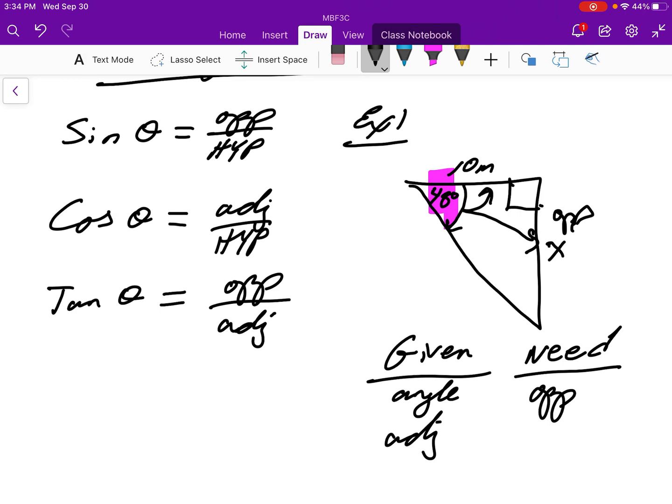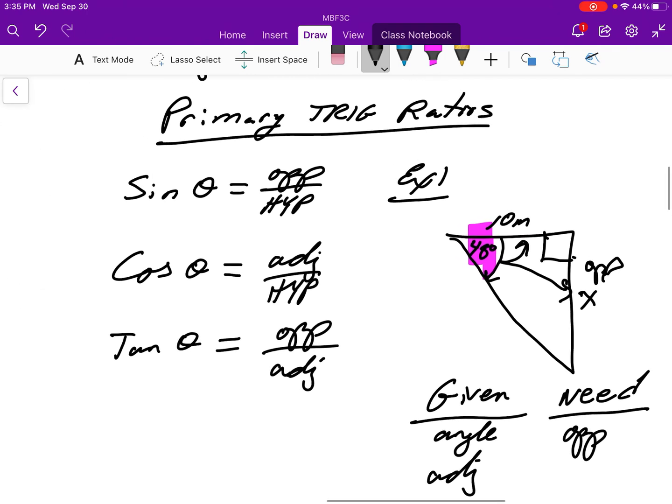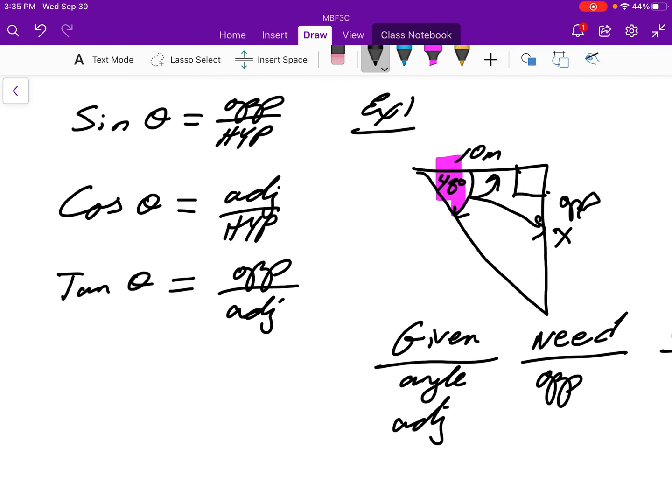What I want you to do is figure out which one of these three we use. Which one of these three has the angle, adjacent, and the opposite side together? When you look at it, the angle is theta, there's adjacent, and there's opposite. If we've got that, then that's what we use. With all the others, we can't fill in all of these.